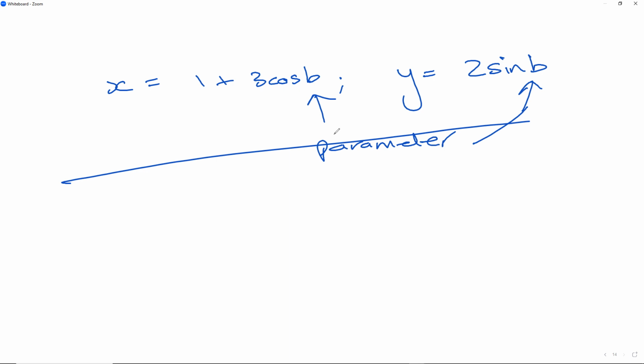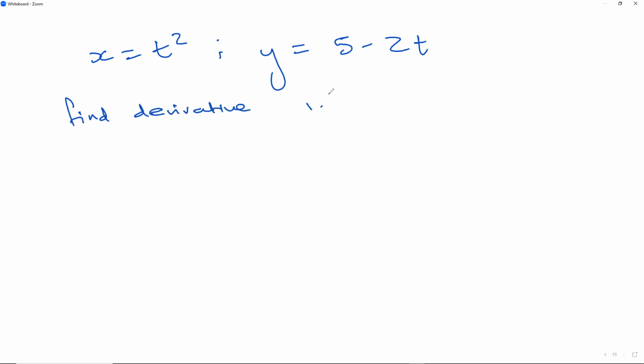Or suppose I'm given another question, that x is equal to t squared and y is equal to 5 minus 2t, and I want to find the derivative in terms of t. So that means dy/dx, with respect to t.